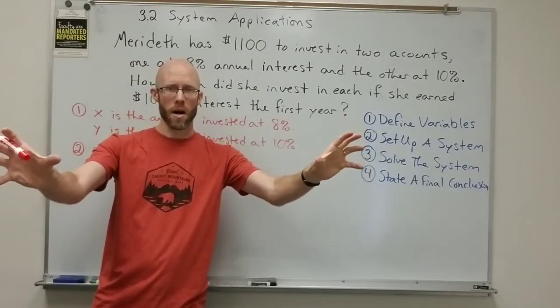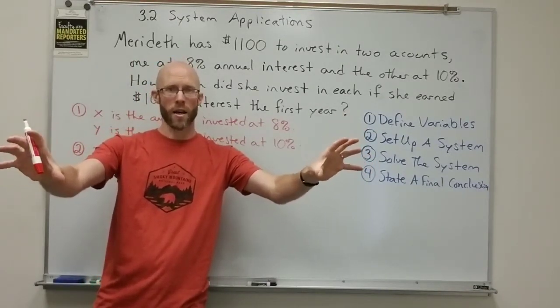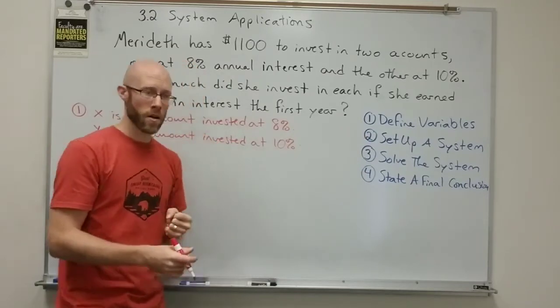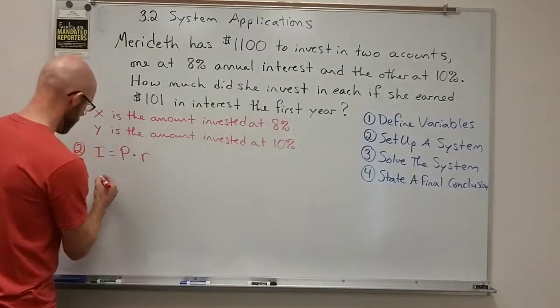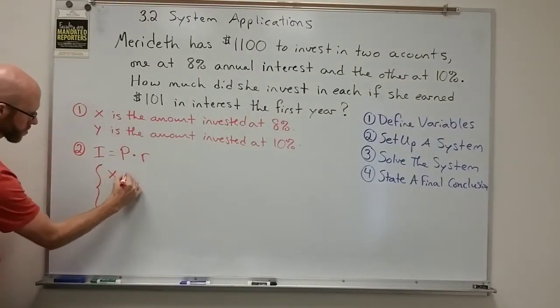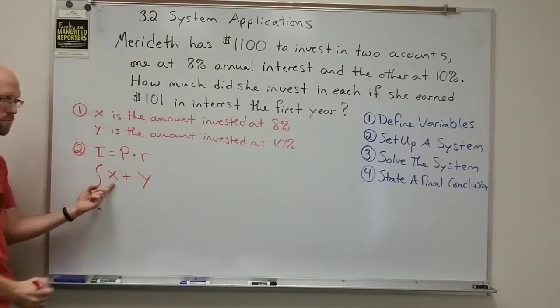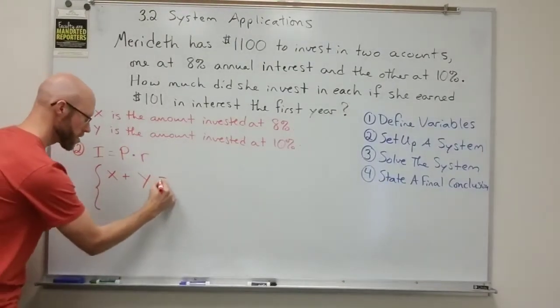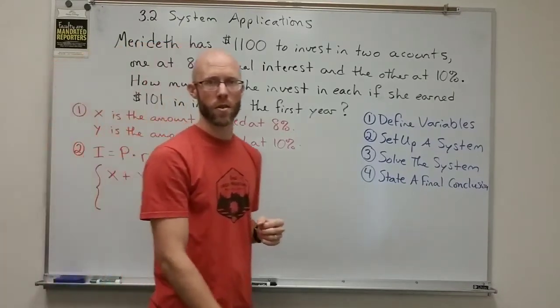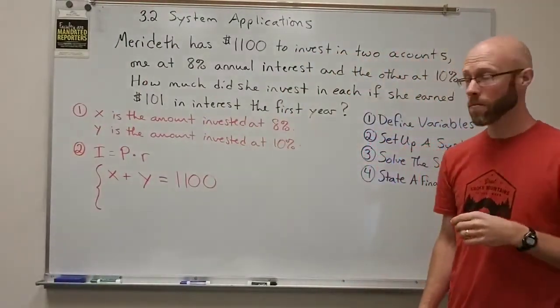Those 2 amounts that I'm trying to find, the x and the y, come together as 1,100 if I add them. So the first equation is x plus y, those are my 2 amounts, must equal $1,100. Okay, so that's the first thing.